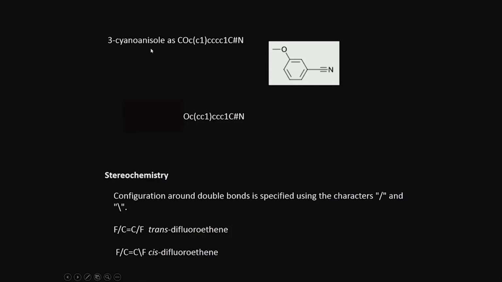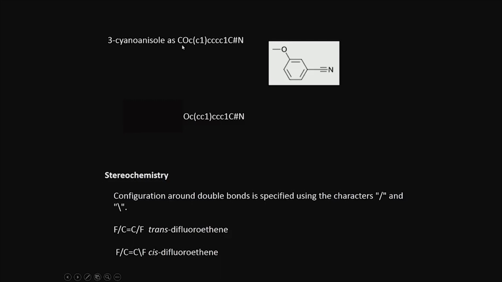And 3-cyanoanisole, this is the structure. So, I have a benzene ring, okay, and then there is an O CH3 connected and there is a carbon nitrile, C triple bond N, connected. A triple bond is put like this; a double bond you can put, but a triple bond is put like this.